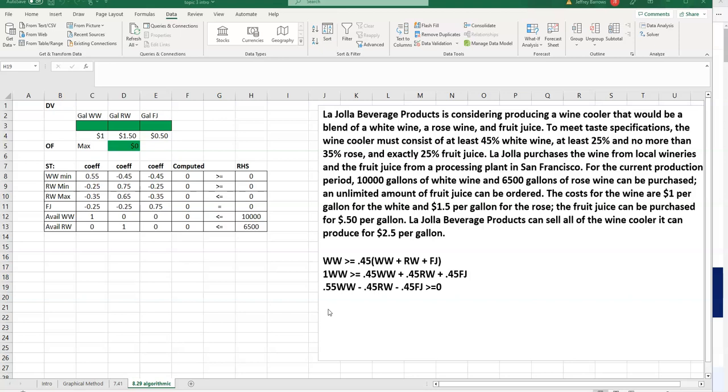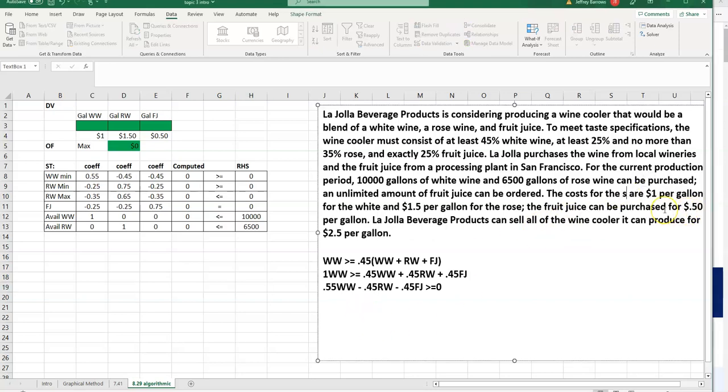The costs for the wines are $1 per gallon for the white and $1.50 per gallon for the rose. The fruit juice can be purchased for 50 cents per gallon. La Jolla Beverage Products can sell all of the wine cooler it can produce for $2.50 per gallon.